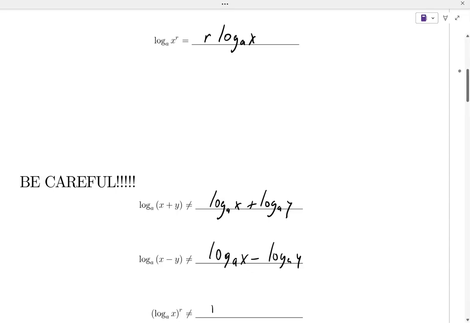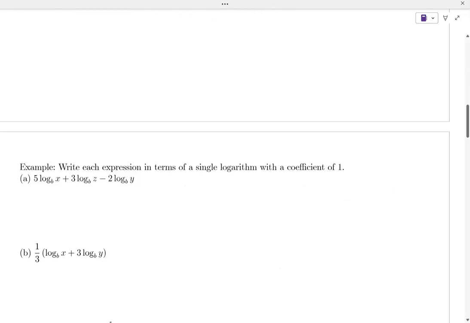This is not the same thing as this. Pay attention. These are not equal to, right? These are not true statements. Okay? These are very, very easy little mistakes to make as you go through them because it's very, very tempting. Just to make sure you keep straight what is a log property and what isn't. All right.